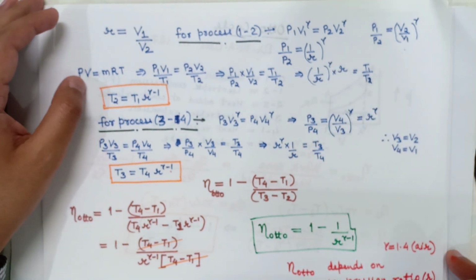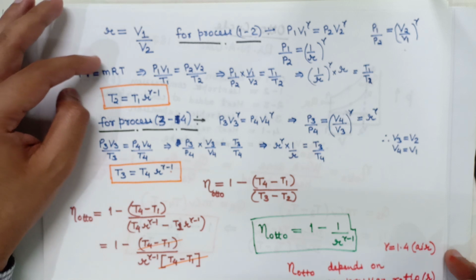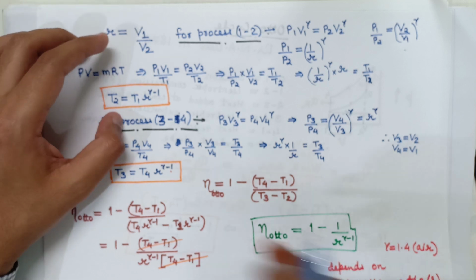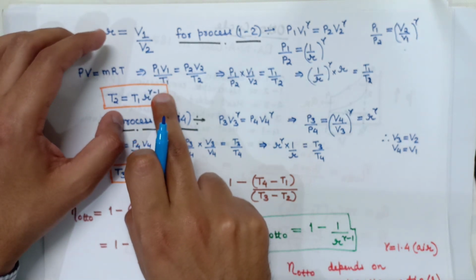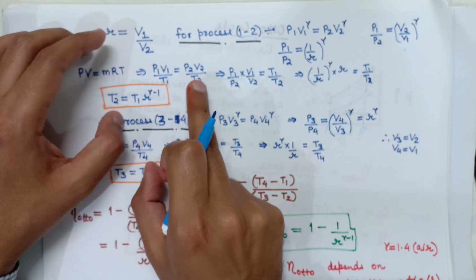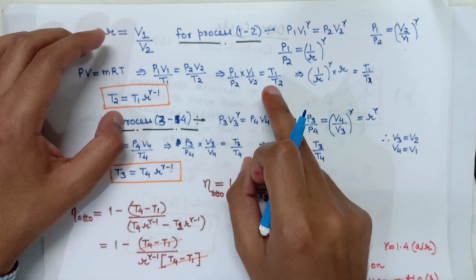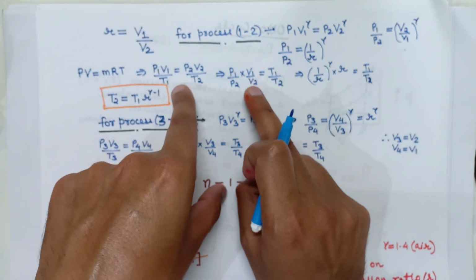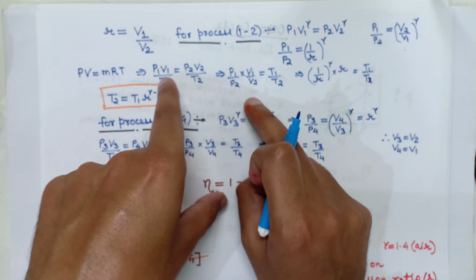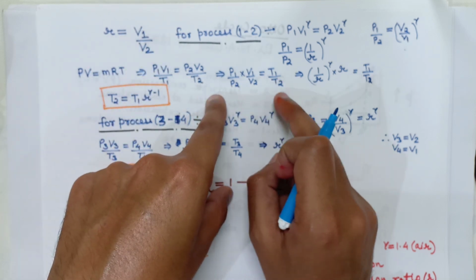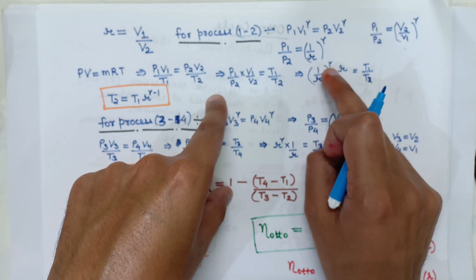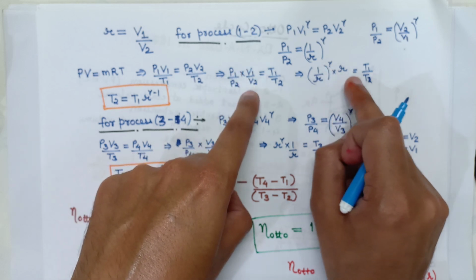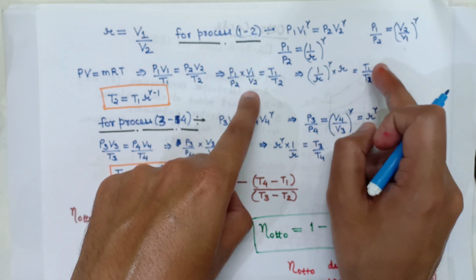As we have already discussed the general formula, that is PV equal to mRT, and here R is the characteristic gas constant. So with that formula we get P1 V1 upon T1 equal to P2 V2 upon T2. If we put the value of P1 upon P2 in this formula, and V1 upon V2 equal to R, then we get 1 upon R to the power gamma in place of P1 upon P2 and V1 upon V2 as R, equal to T1 upon T2.